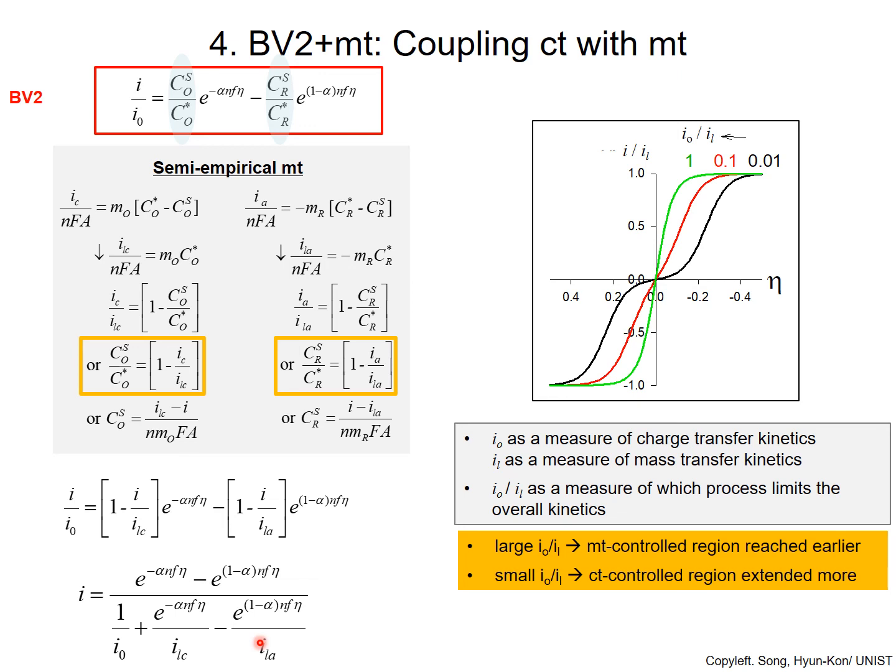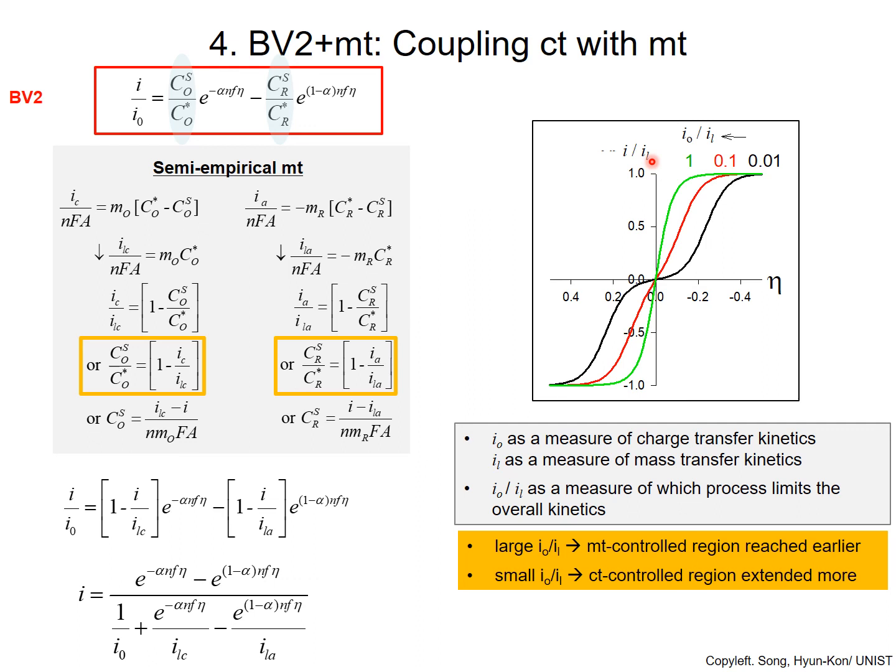Let me simulate the Butler-Volmer equation modified with the mass transfer effect in this graph. I have simulated it with three different conditions. The x-axis is the eta, of course, and the y-axis is the current normalized by limiting current.